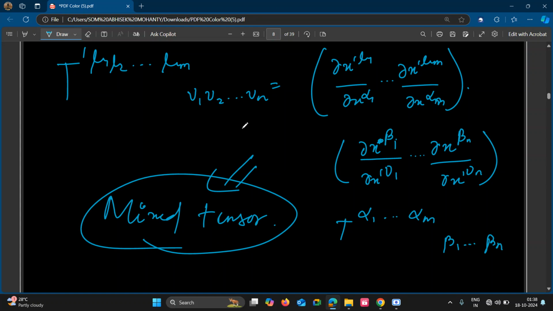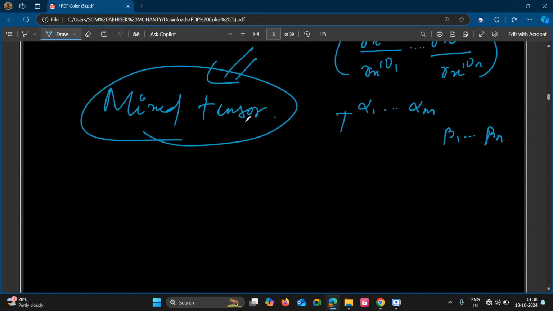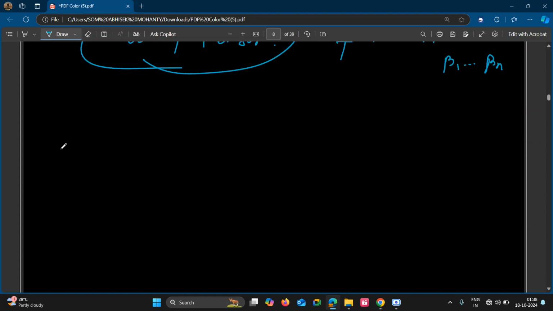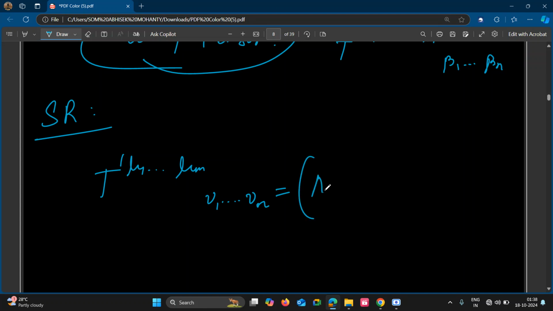So if we write it like in special relativity, in terms of lambda, I can write T dash mu 1 up to mu m. If you write it again and again, you will see that you are slowly starting to understand it. Your brain will start to comprehend what we are writing. Don't panic that these symbols are haunting you; it's very decodable.